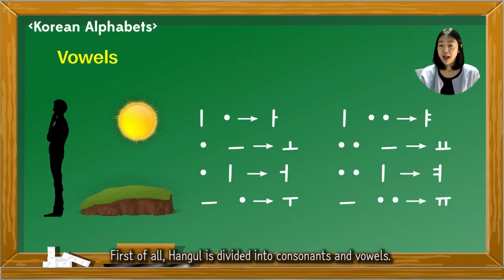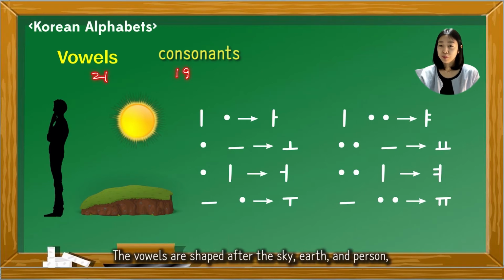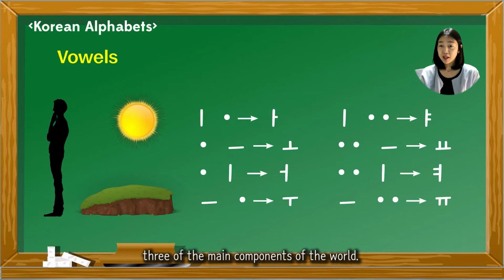First of all, Hangul is divided into consonants and vowels. There are a total of 19 consonants, including the double ones, and 21 vowels. The vowels are shaped after the sky, earth, and person, three of the main components of the world.